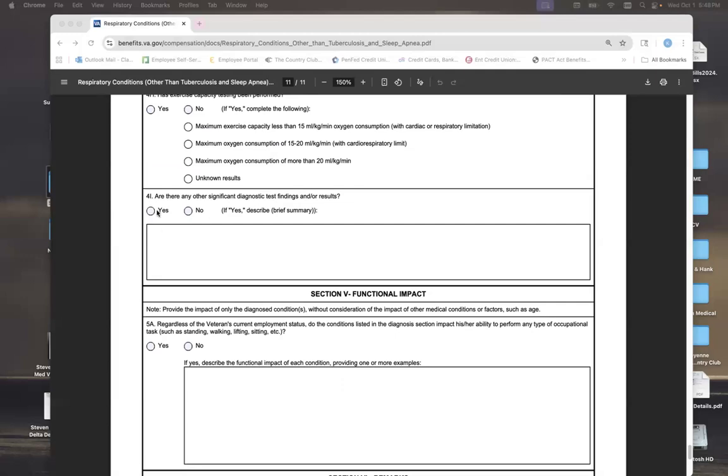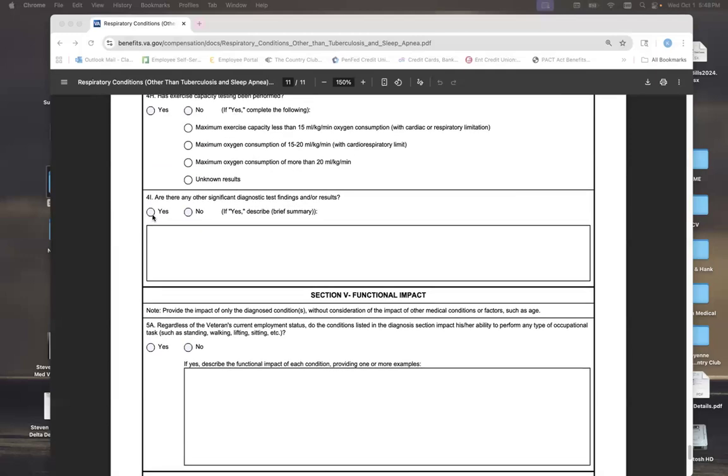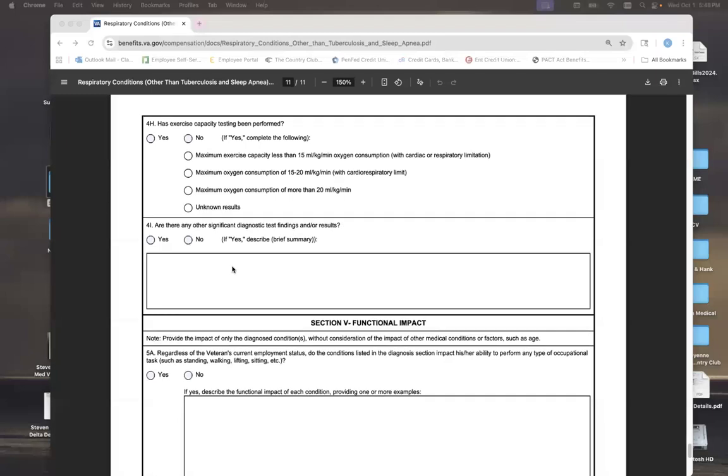I do use this section for if the veteran has had initial testing years ago that established a diagnosis of asthma, and it showed a low FEV1 years ago before they started on their bronchodilator treatment, and they're seeing me today and their pulmonary function test is normal because they have controlled asthma. So I'll try to dig up their initial pulmonary function results, FEV1, FVC, and FEV1 to FVC ratio from before they were diagnosed with asthma, so I can put it in this section.